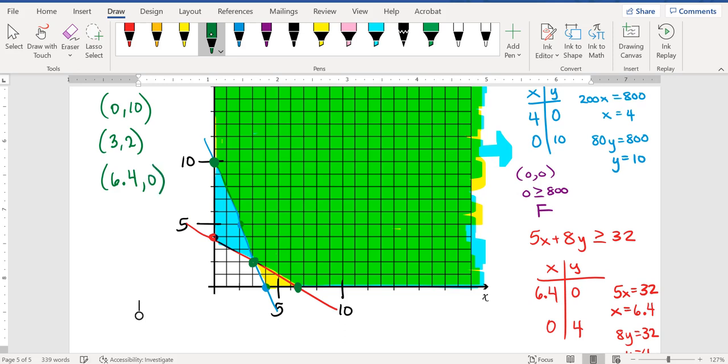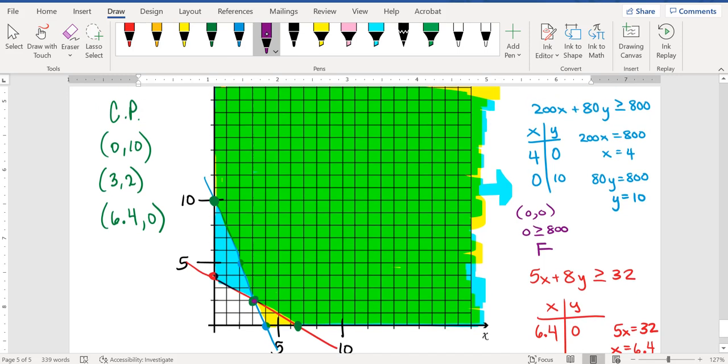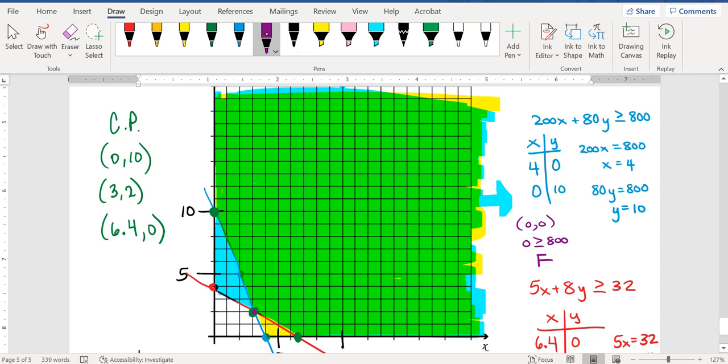I need to check this point here. I would do that by solving the system 200x plus 80y equals 800, and 5x plus 8y equals 32.